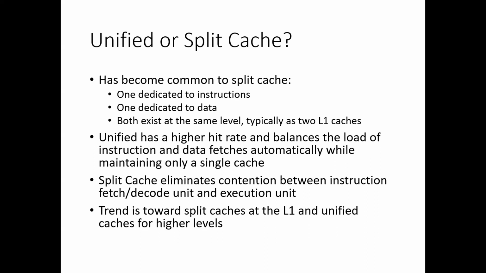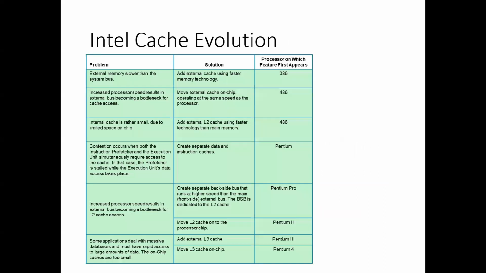The unified cache has a higher hit rate and balances the load of instruction and data fetches automatically while maintaining only a single cache. Split cache eliminates the contention between the instruction fetch decode unit and the execution unit. The trend in current design is to split the caches at L1 and have unified caches at higher levels such as L2 and L3.